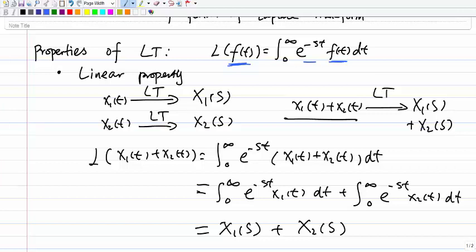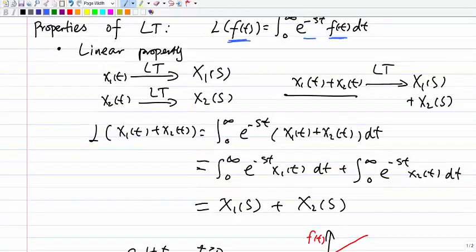That's quite intuitive: the sum of two functions has a Laplace transform given by the sum of their corresponding Laplace transforms.